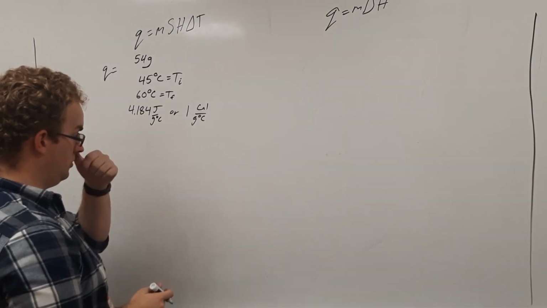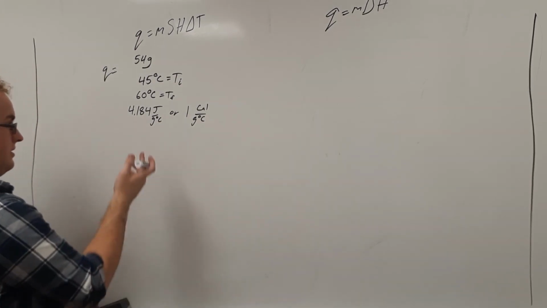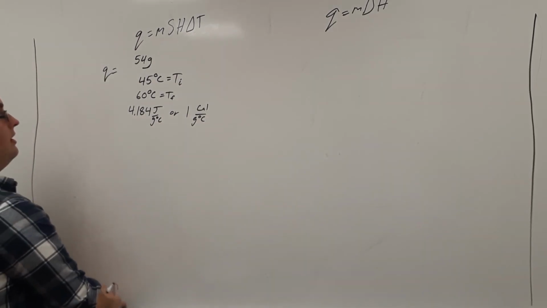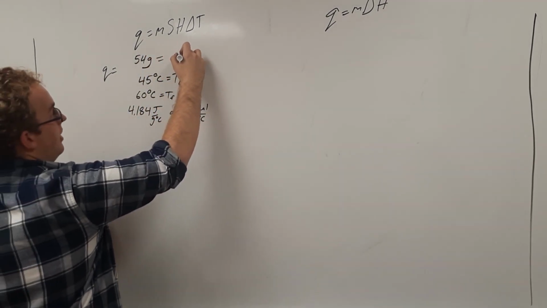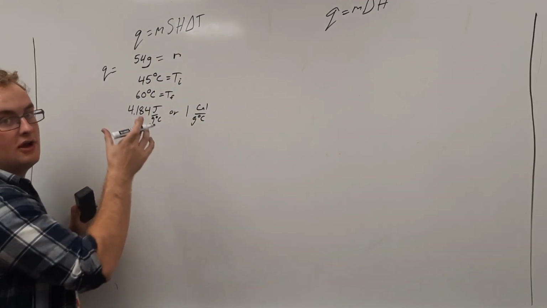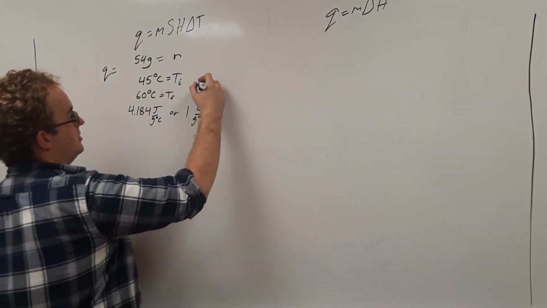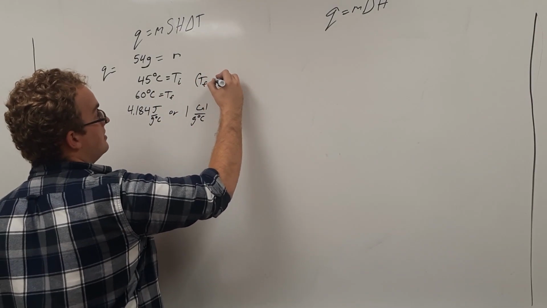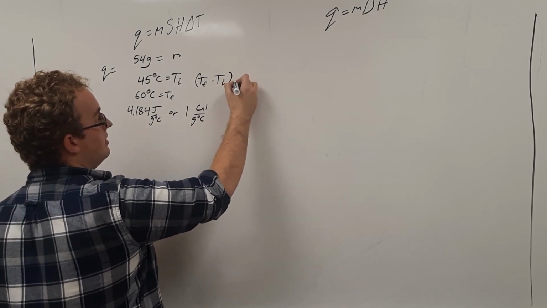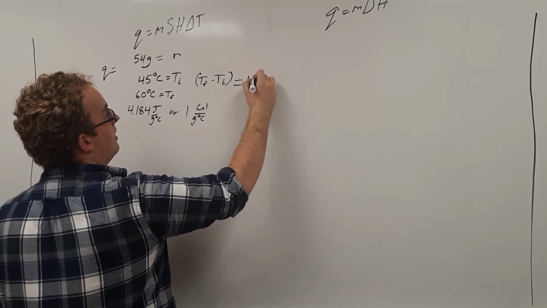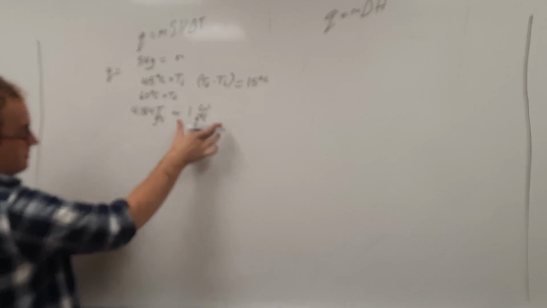I'm just going to use this joule. I'm going to use the calories one because it's really nice. But if I wanted to find Q, I just plug this in. This is M. Our change in temperature is our final temperature minus our initial temperature, so T final minus T initial. 60 minus 45 is 15, right? And then this is our specific heat.